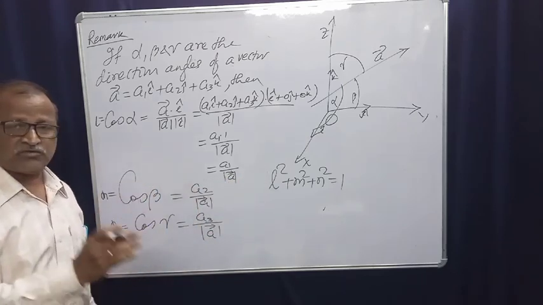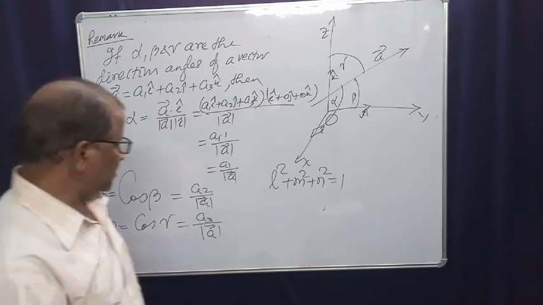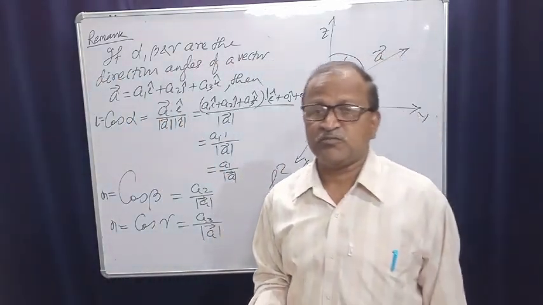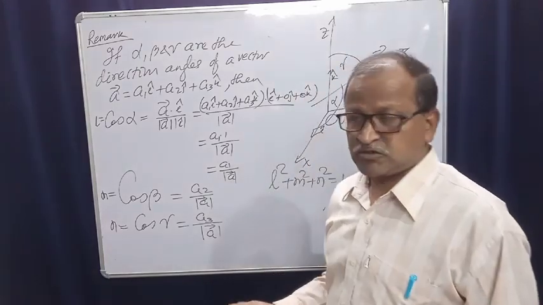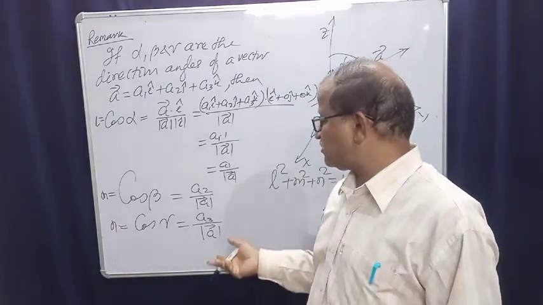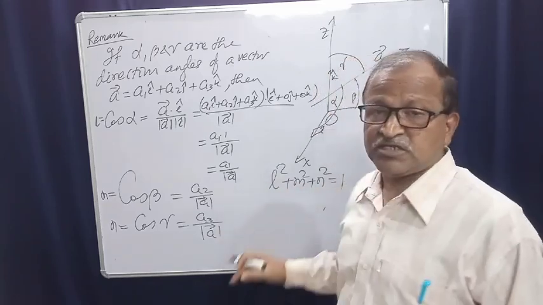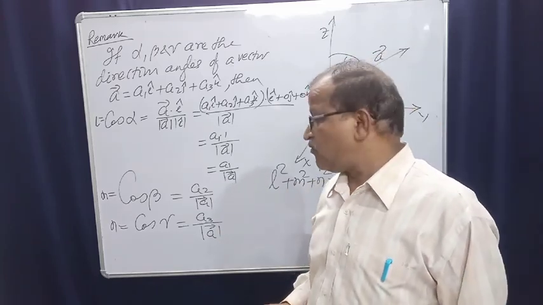So it is A1 square plus A2 square plus A3 square divided by A1 square plus A2 square plus A3 square. They cancel each other and the result is 1. Thus L square plus M square plus N square is equal to 1.